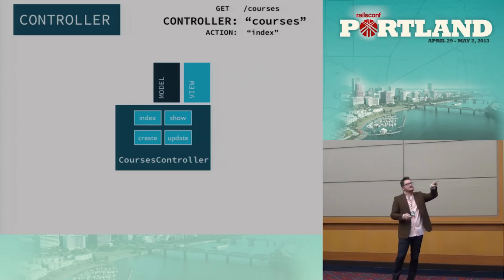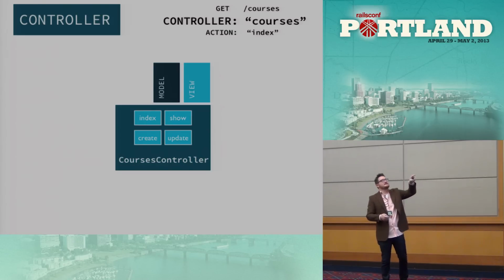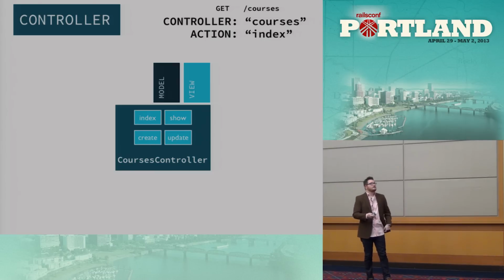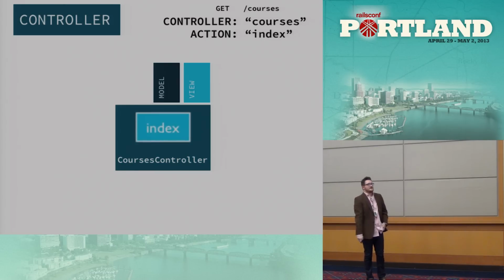But if our router had said this route goes to one of these other actions, one of these other actions would be chosen. In this case, we know it's the index. And so that's what we're going to look at.